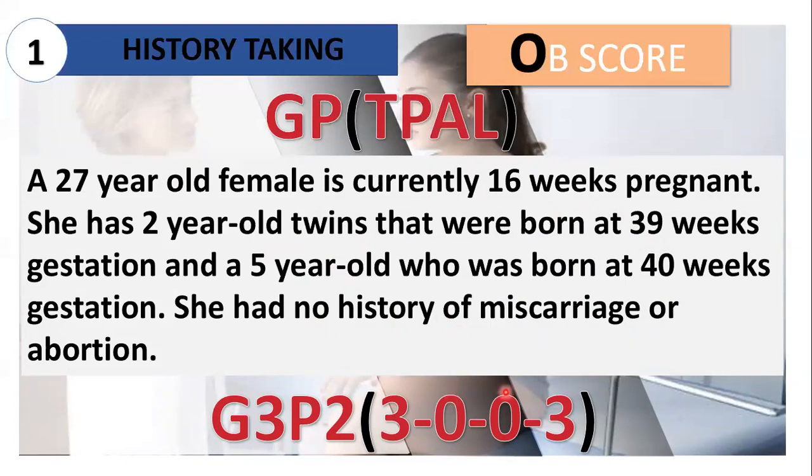And there is no history of miscarriage or abortion, so 0. And there are 3 living children in the family. So the OB score of our patient is G3P2 3003. Okay, so that's GP TPAL. Okay, remember that.